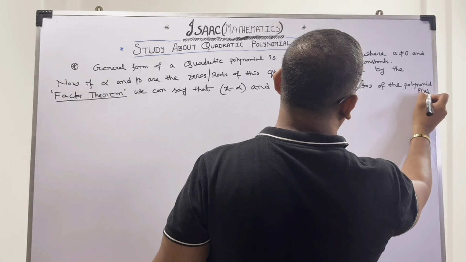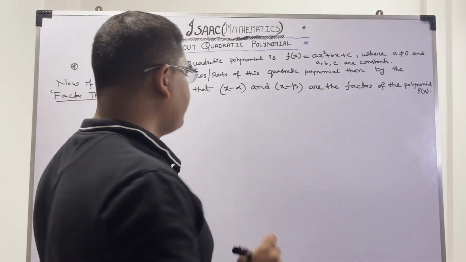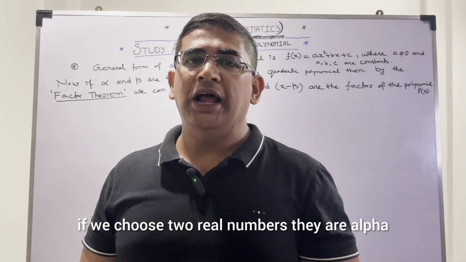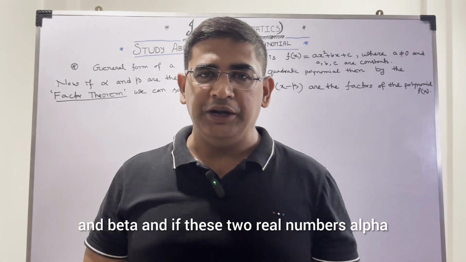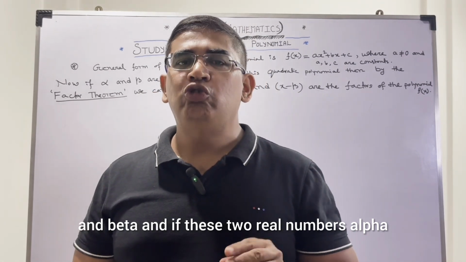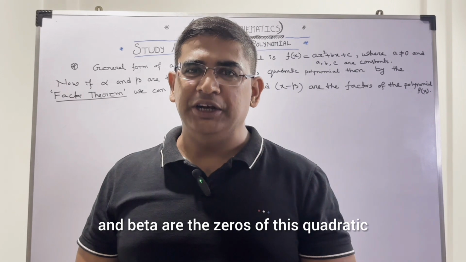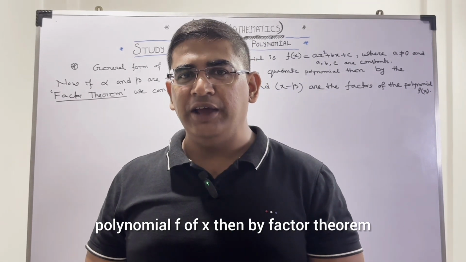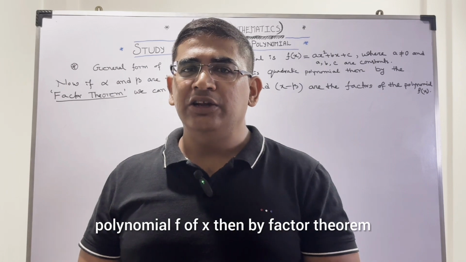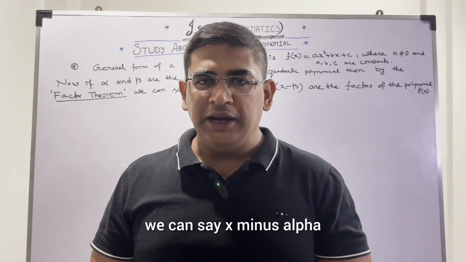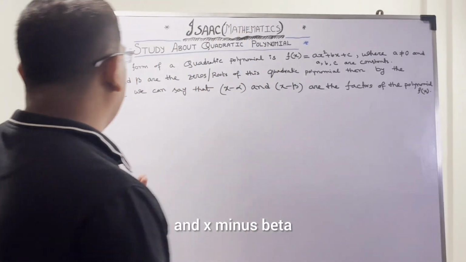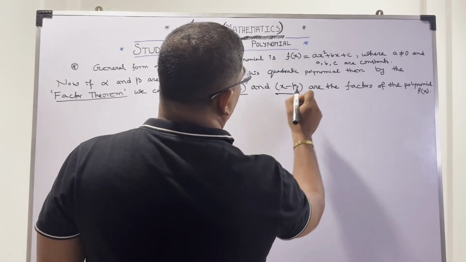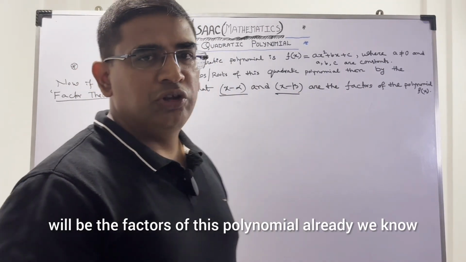Okay, now if we choose two real numbers alpha and beta, and these two real numbers are the zeros of this quadratic polynomial f of x, then by the factor theorem we can say x minus alpha and x minus beta will be the factors of this polynomial.